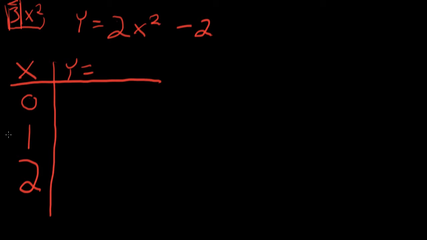And I'm going to realize that because this reflects across the y-axis, my plus or minus values are going to be the same. So I'm not going to bother to write all that out right now. So we say 2 times 0 squared minus 2. Well, all of that becomes nothing, so we've got negative 2.